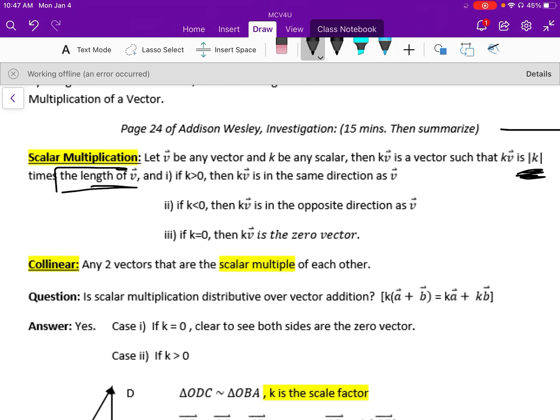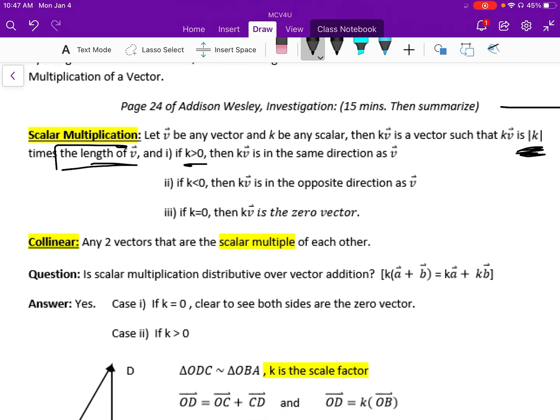So if k is a positive number, then k times vector v is k times the length of vector v, and it's in the same direction as vector v.